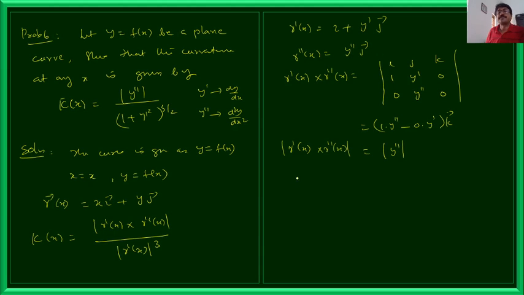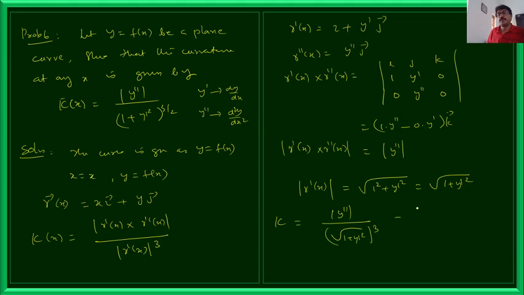And r dash x is i plus y dash j. Therefore, modulus of r dash x is equal to square root of 1 square plus y dash square, that is root of 1 plus y dash square, where y dash is dy by dx. Hence, kappa is equal to modulus of r dash x cross r double dash x, which is modulus of y double dash, divided by modulus of r dash x the whole cube, that is root of 1 plus y dash square the whole cube.